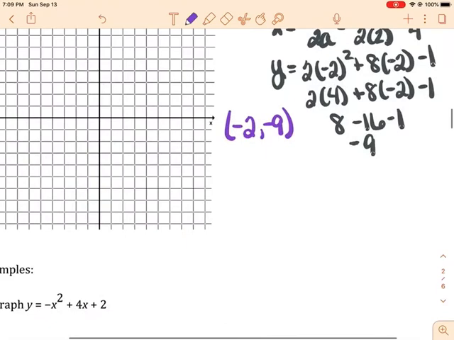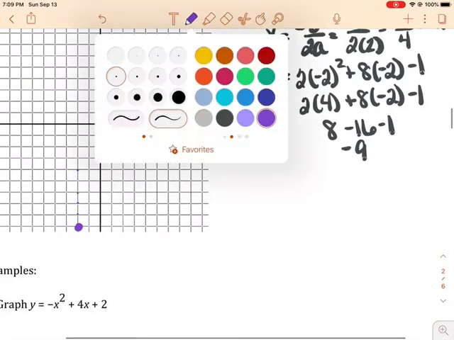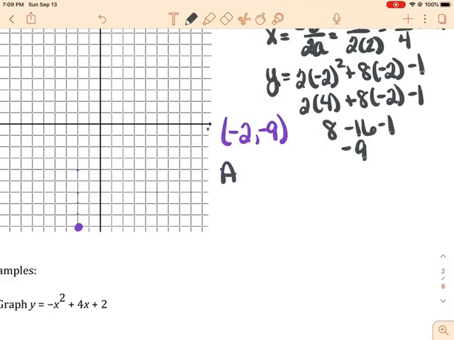Which I believe is all the way down here. Yep, right there. Which means our axis of symmetry is x equals negative 2.